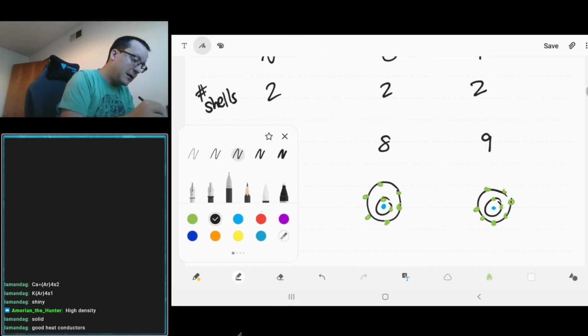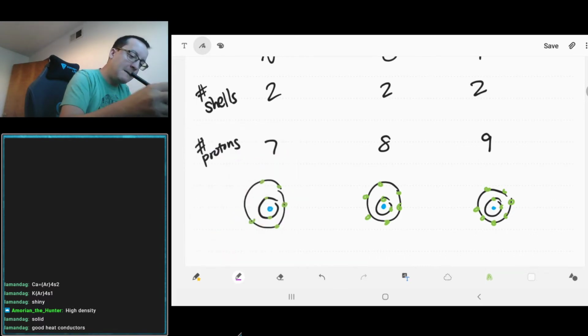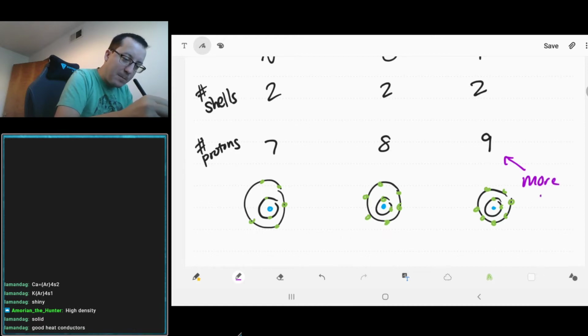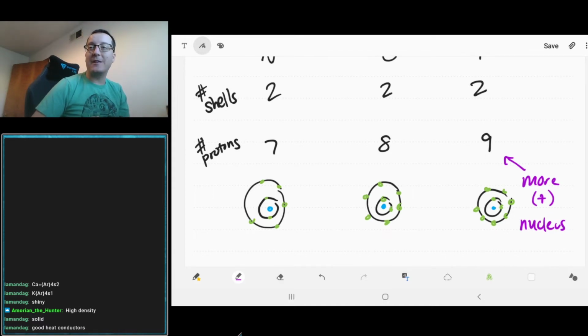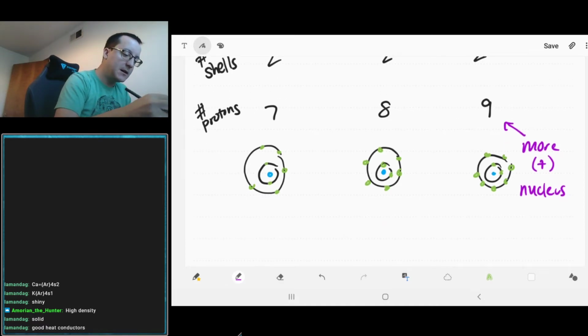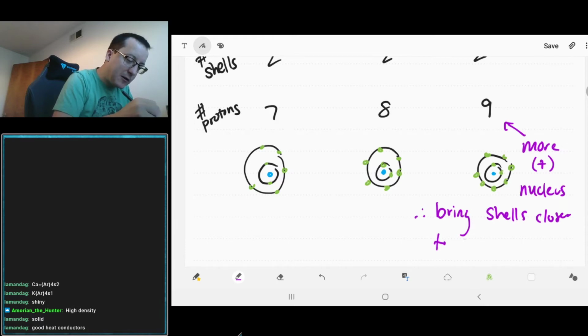We're going to see that fluorine, which has more protons, has a more positive nucleus, right? The more protons you have, the more positive your nucleus is. And that will basically bring the shells closer to the nucleus.